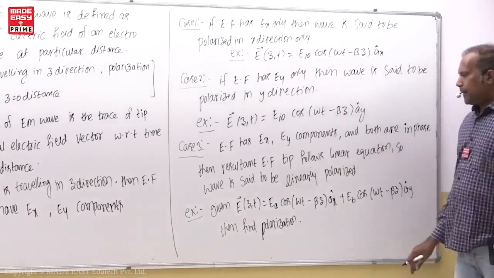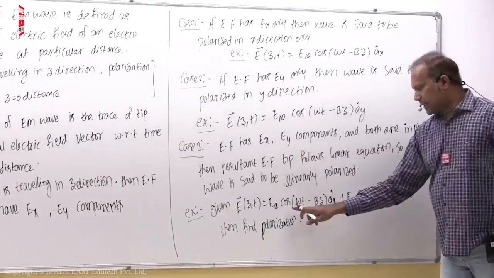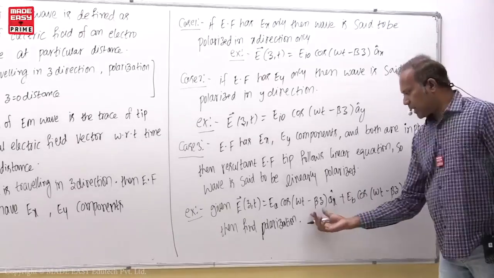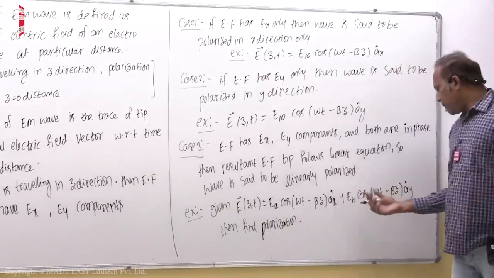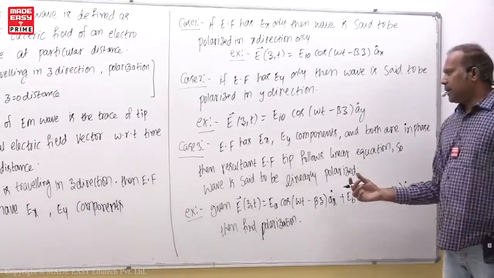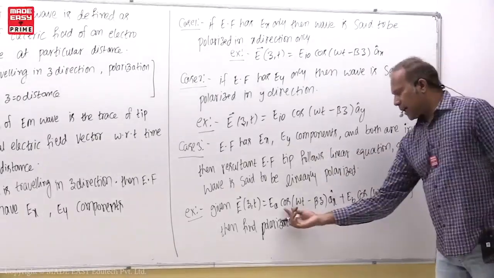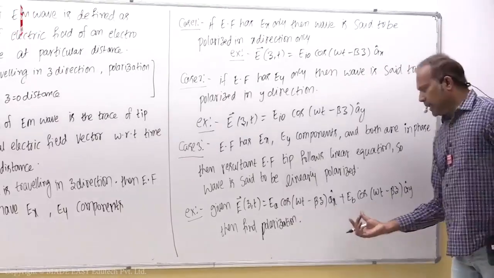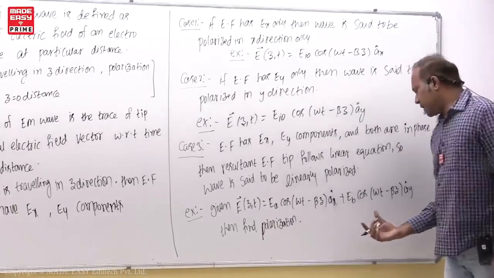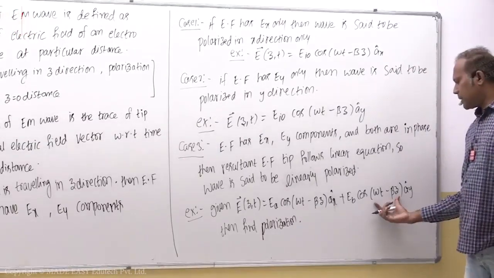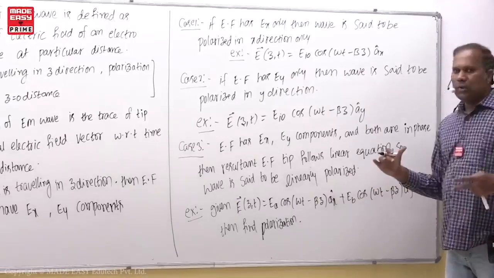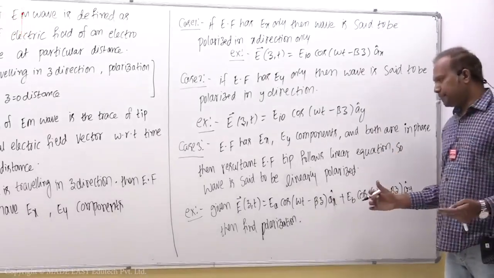You will see, the electric field has Ex, that means beside ax cap whatever is there is called Ex, and beside ay whatever is there is called Ey component, and both are in phase. You see the cos term: inside cos(omega t minus beta z), the same phase is there. So you call them in phase.